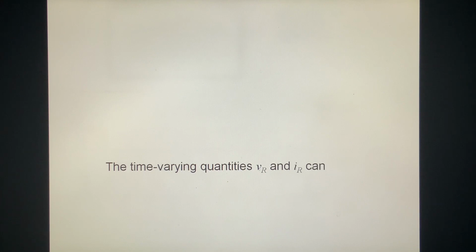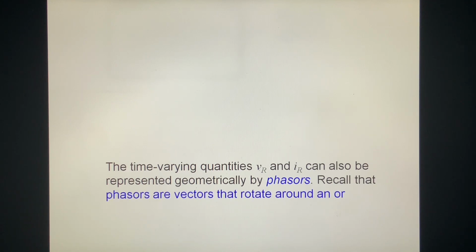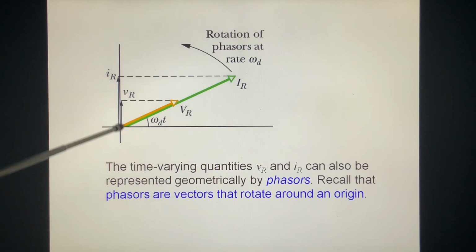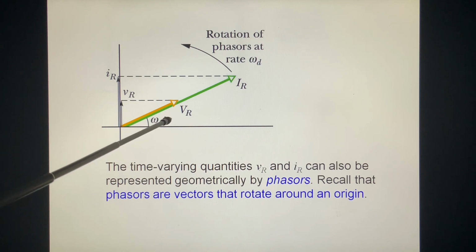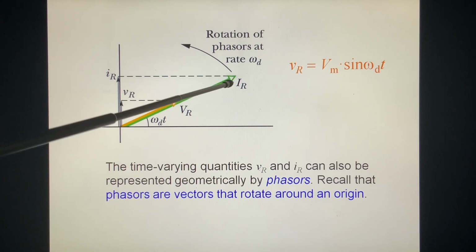The time varying quantities VR and IR can also be represented geometrically by phasors. We have learned phasors before. Recall that phasors are vectors that rotate around an origin, counterclockwise as positive. VR and IR are their projections on the vertical axis.